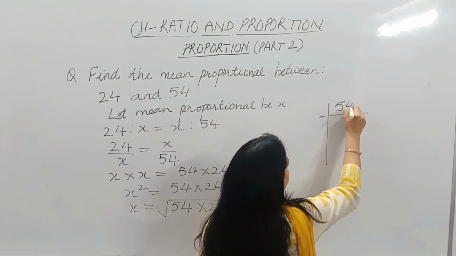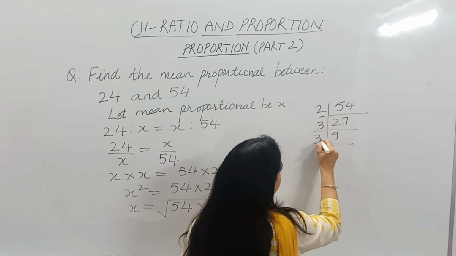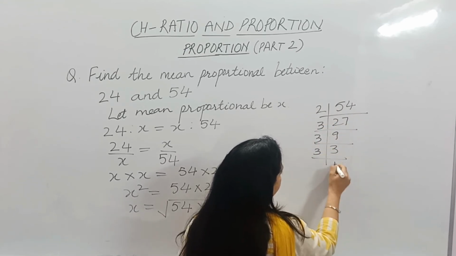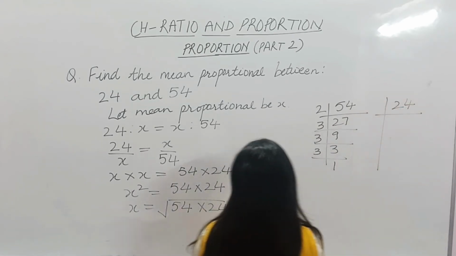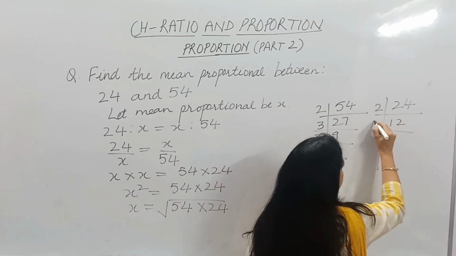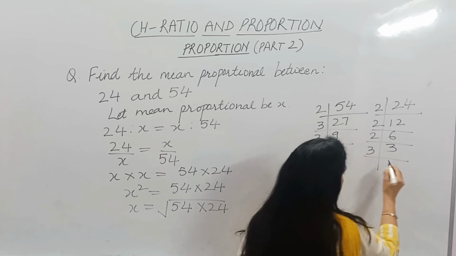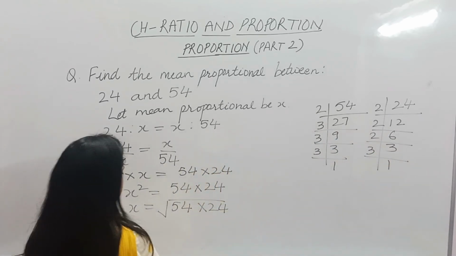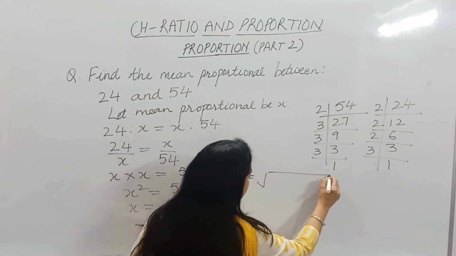We'll find the factors of 54: 2 27s, 3 9s, again 3 3s, and 3 1s. We can find the factors of 24 also, starting with 2: 2 12s, 2 6s, 2 3s, and 3 1s.